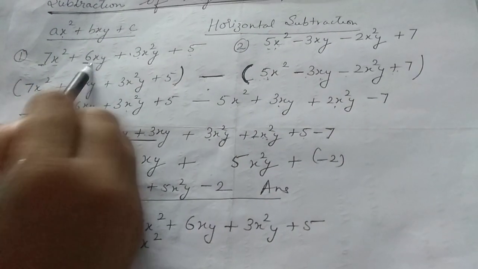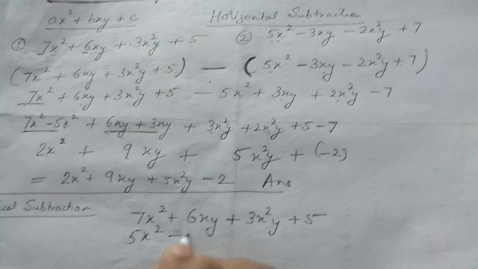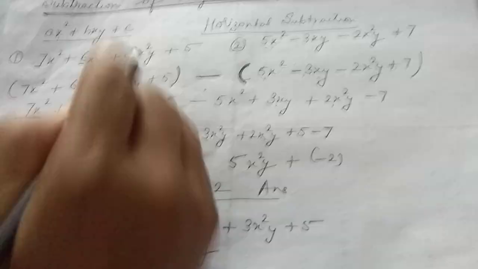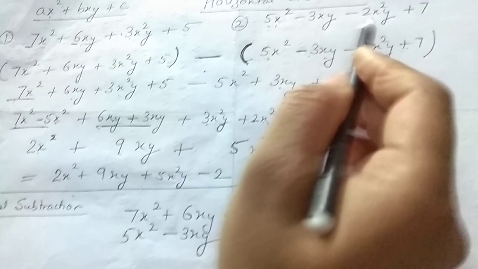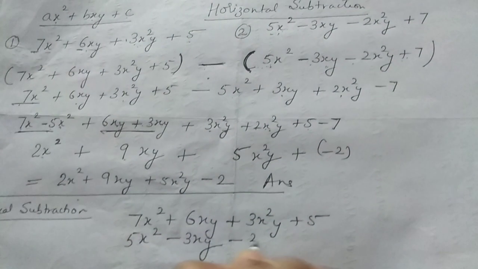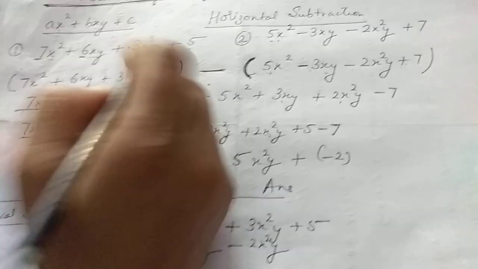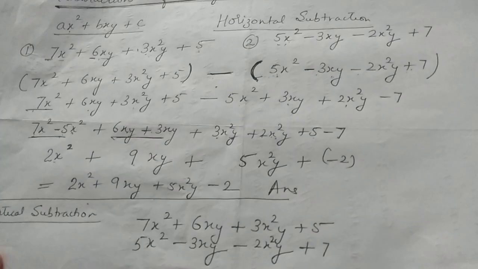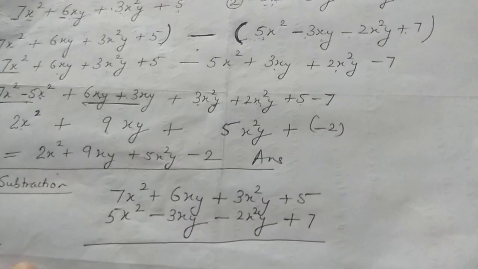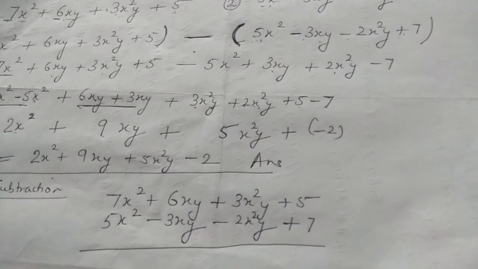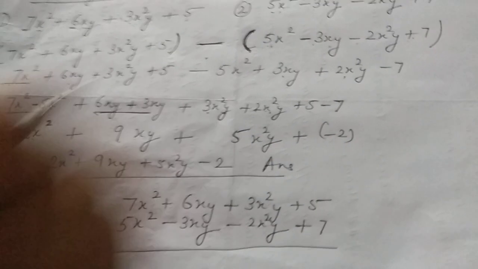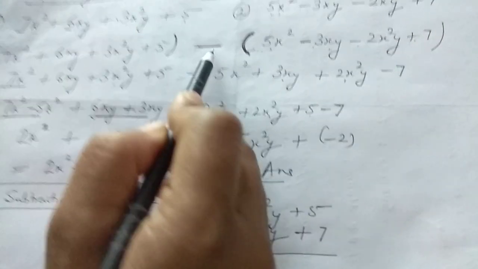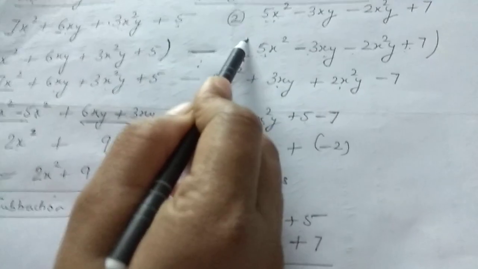Below 6xy, what we will write? Plus 3xy. Below 3x square y, what we will write? Plus 2x square y. And below 5, what we will write? Plus 7. Now, in the vertical subtraction, the next step is changing of sign. You remember, in the horizontal subtraction, negative sign was placed in front of the bracket.